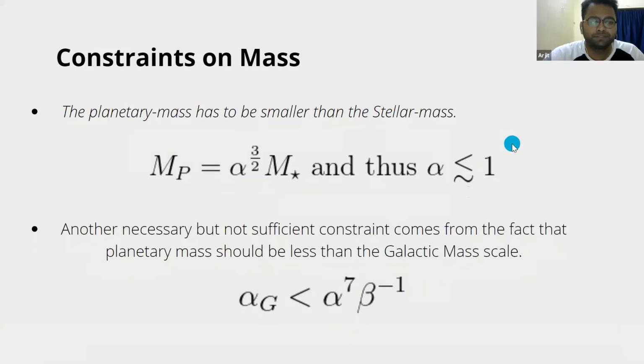So here we also start with the constraint of mass. The planetary mass has to be smaller than the stellar mass, which seems very obvious, but it is a very necessary condition. So the mass of a planet should be alpha to the power 3/2 times the typical mass of the stars, and thus here also we are constraining alpha to be very much less than 1.